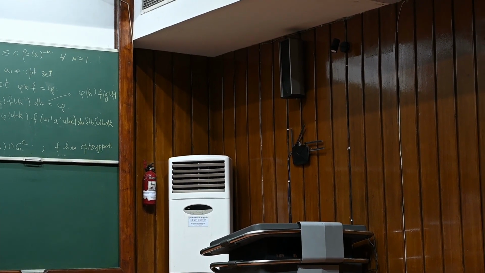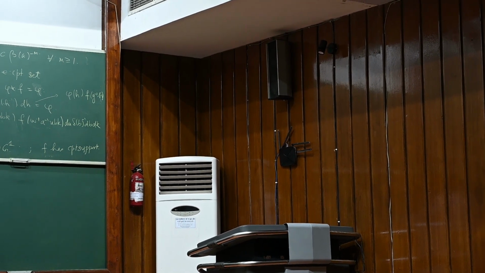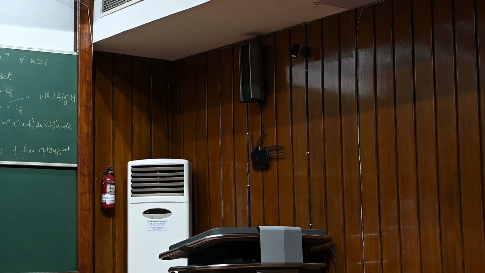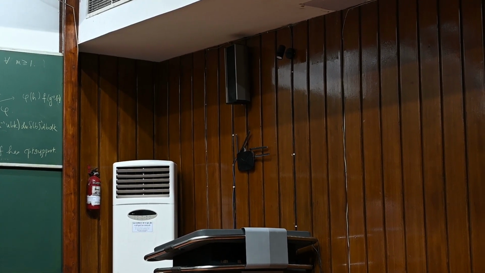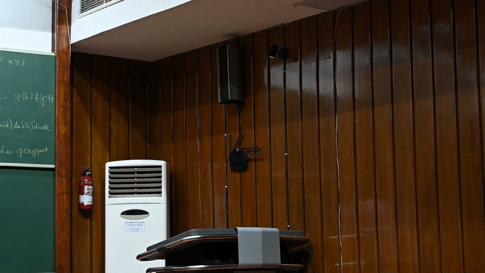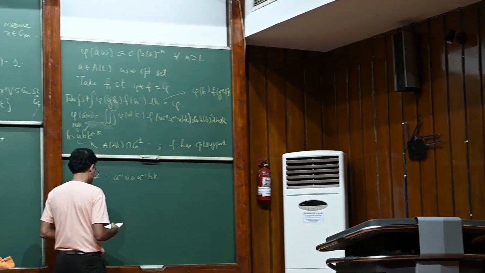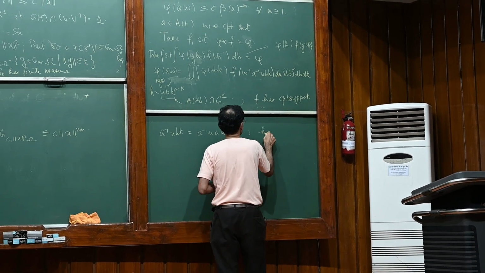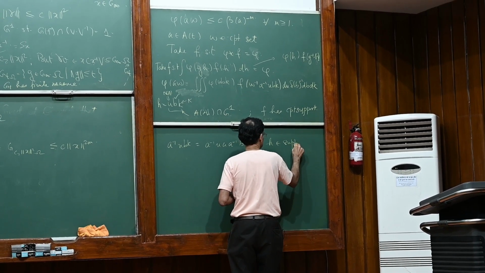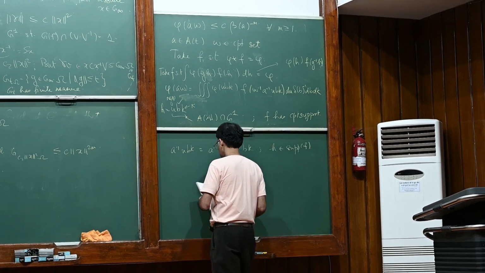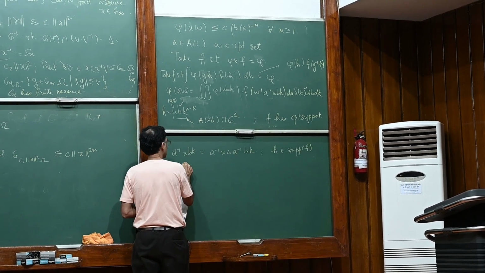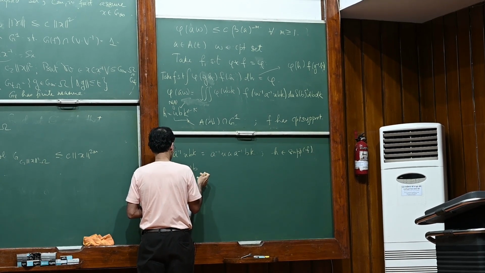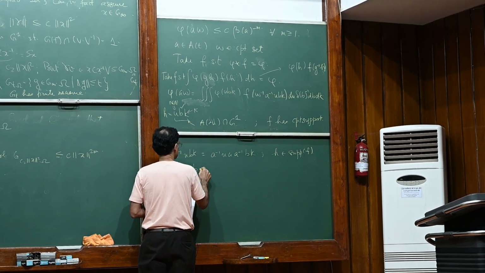Remember that A inverse u b k is nothing but A inverse u A times A inverse b k. So if h is in the support of F, A inverse b is in a compact set.